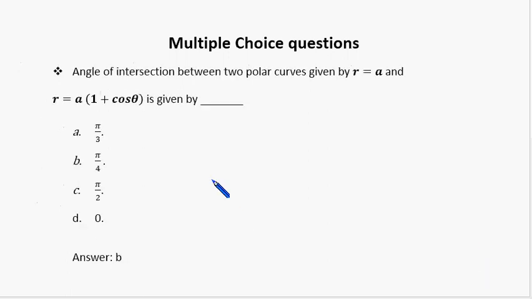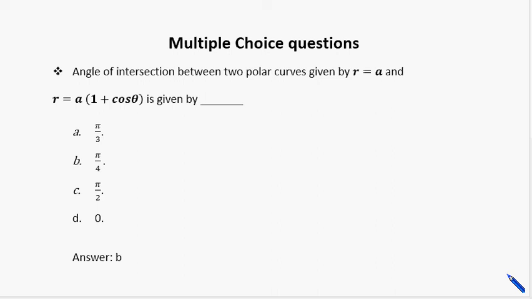The next one: the angle of intersection between two polar curves r is equal to a and r is equal to a of 1 plus cos theta is given by: option A pi by 3, option B pi by 4, option C pi by 2, option D 0.